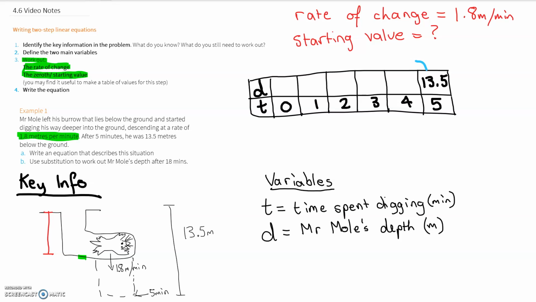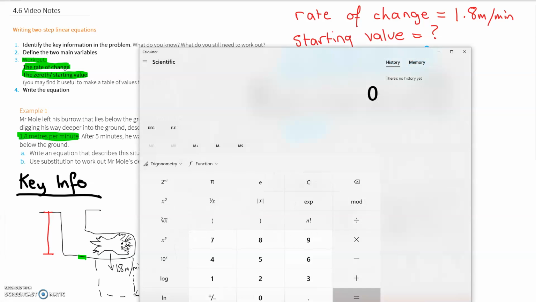So if he's digging at 1.8 meters per minute, we take away 1.8 to get to each of these previous steps. And you could do one step at a time, subtracting 1.8 each time if you want to. I'm going to take a shortcut here because I know that to get to 0, I need to subtract 1, 2, 3, 4, 5 lots of 1.8. So I'm just going to work out 5 times 1.8 and then take that away from our 13.5 meters.